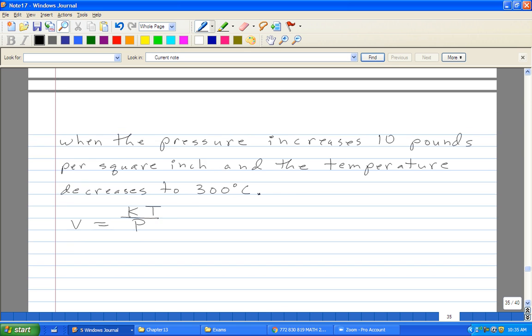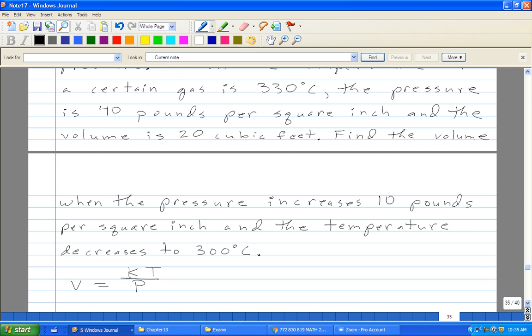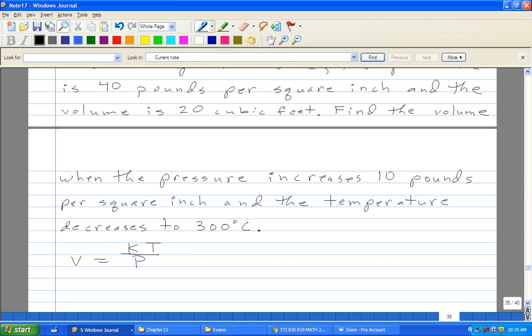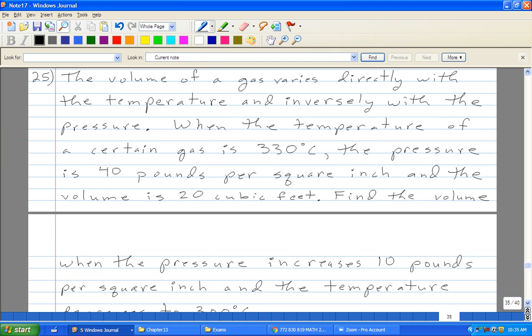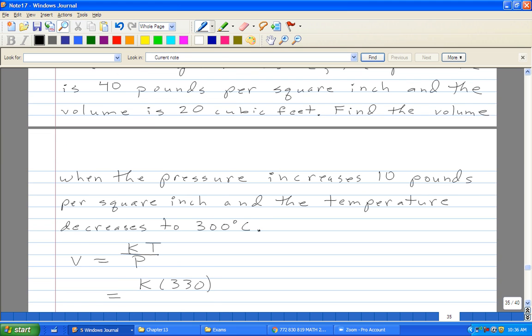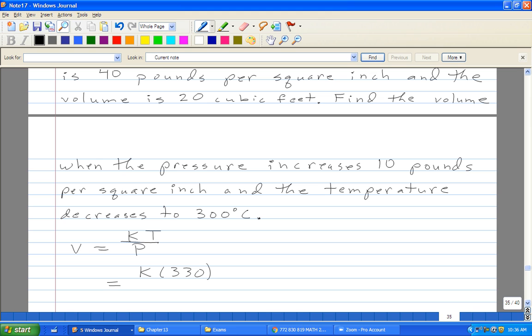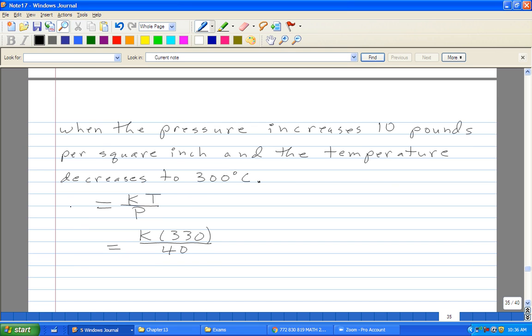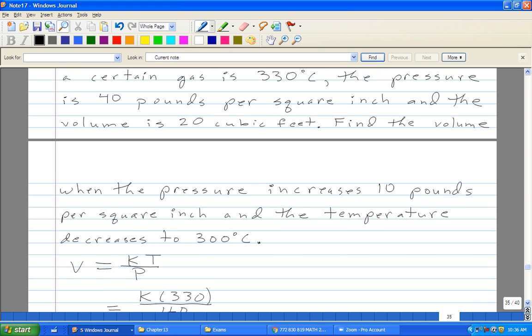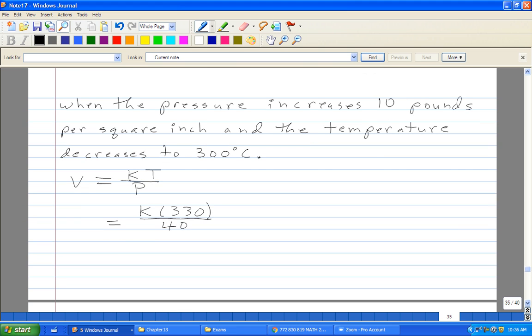That's called the temperature T and the pressure P. When the temperature of a certain gas is 330 degrees Celsius, and the pressure is 40 pounds per square inch, the volume is 20 cubic feet.